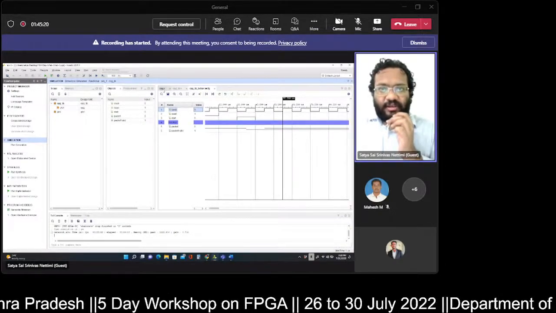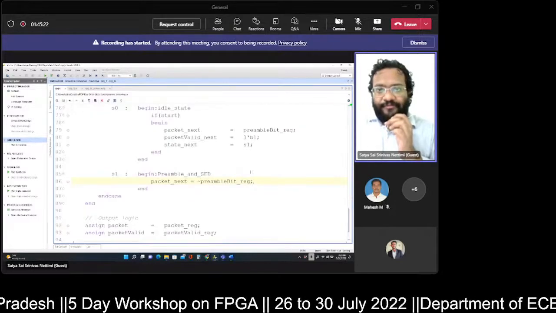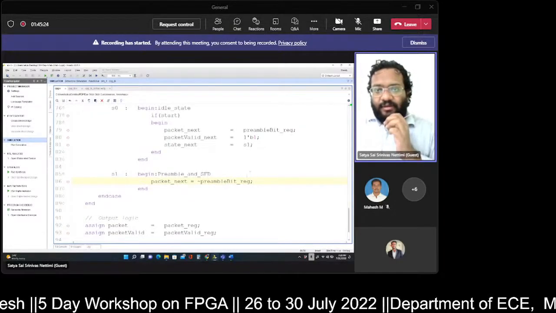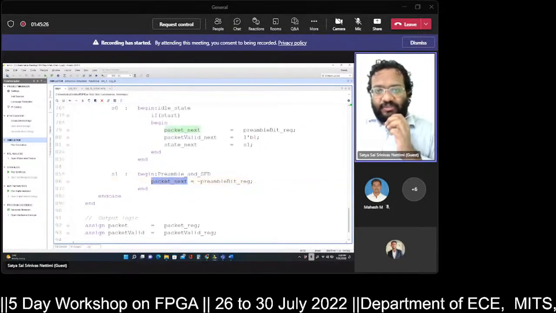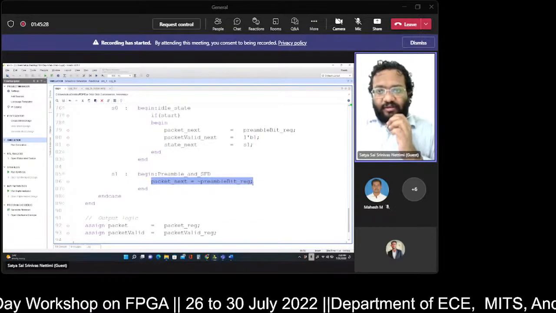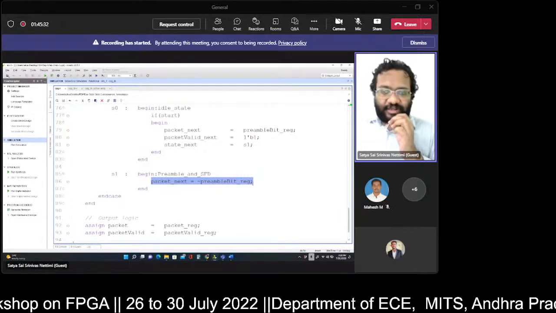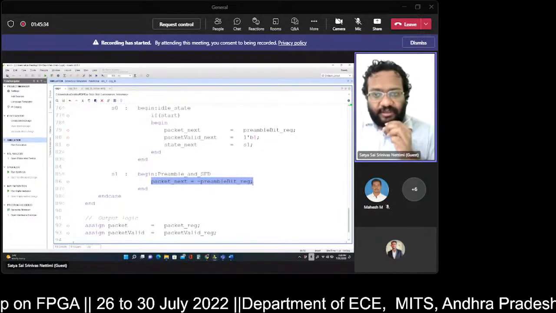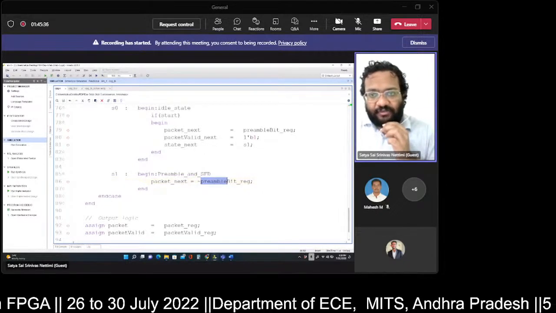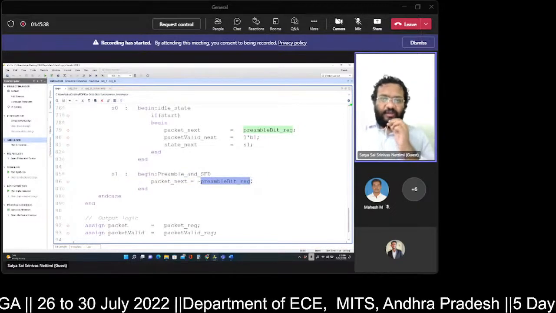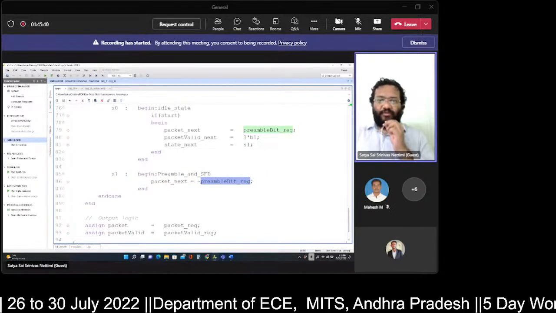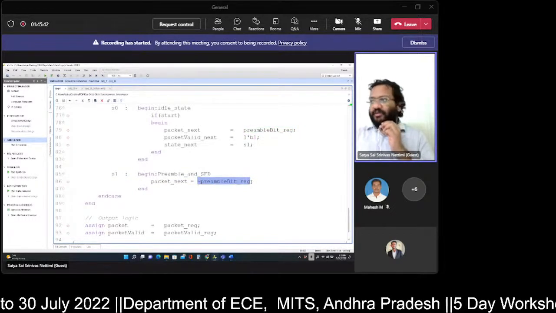So for that, again go back to the code. So this condition is okay. We are alternating to generate the alternate ones and zeros in the preamble bit register. Whatever the data is there, we are doing the negation operation.